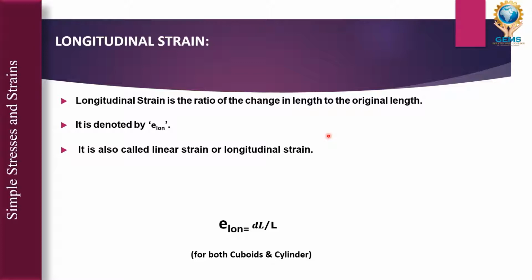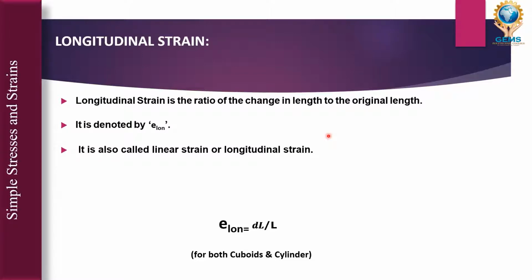Actually, when a body is subjected to an axial tensile load, there is an increase in length of the body, but at the same time there is a decrease in another dimension of the body at right angle to the line of action of the applied load. Thus, the body has axial deformation and also deformation at right angle to the line of action of the applied load.